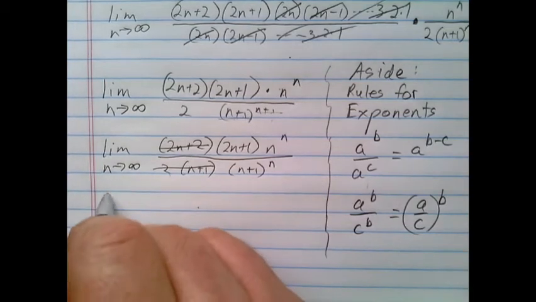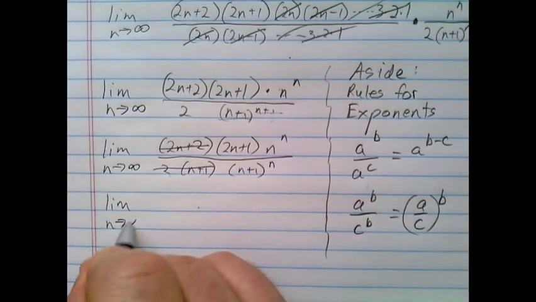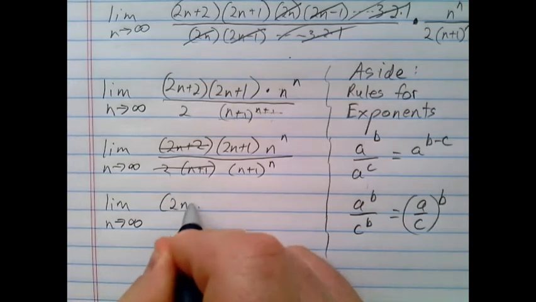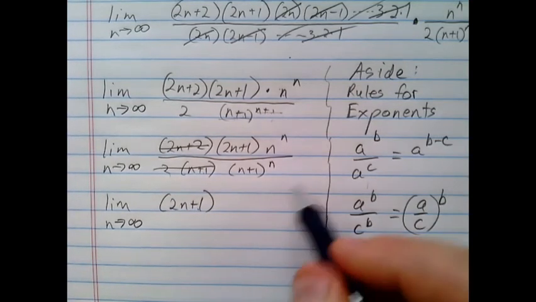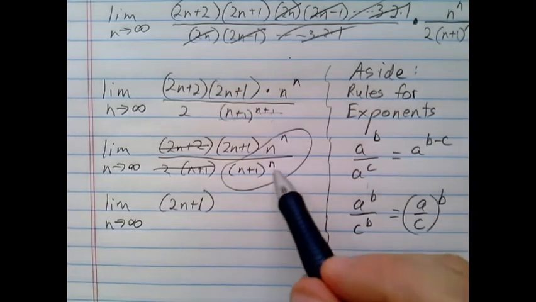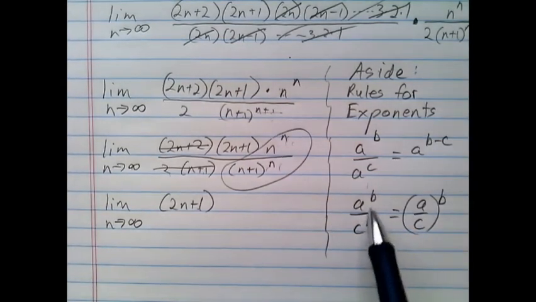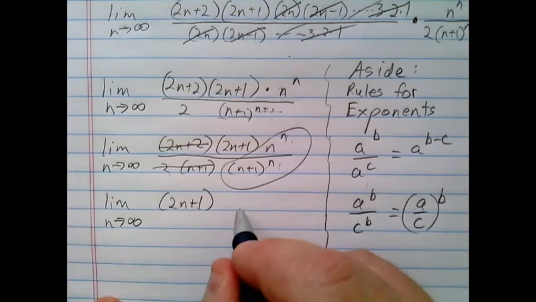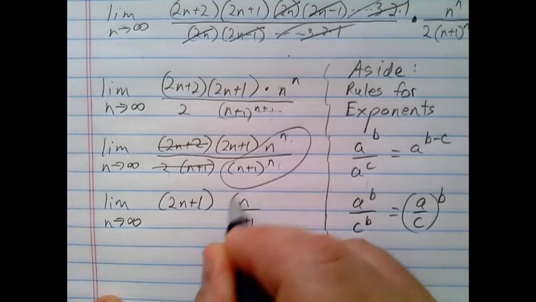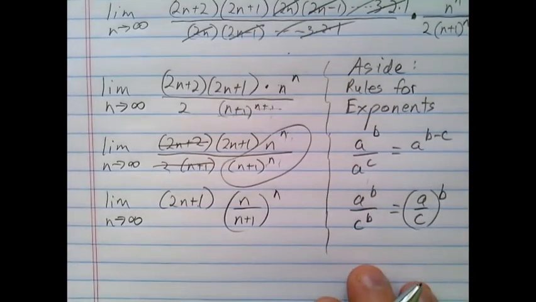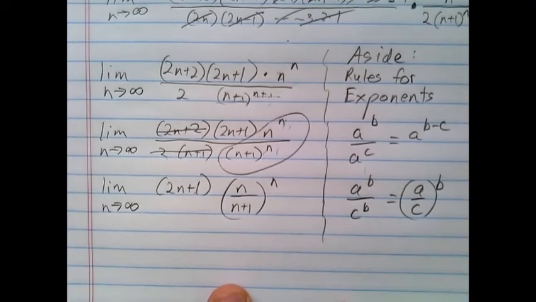Alright, so now I've got a limit as n goes to infinity. I've still got this factor of 2n plus 1, but over here with these guys, because I've got a matching power, now I can use this rule and say that would be equal to n over n plus 1 to the n. Now it may not immediately be obvious where I'm going with this, but there is actually something I can make use of, something we talked about and haven't really talked about since, so I thought this would be a nice chance to review it.